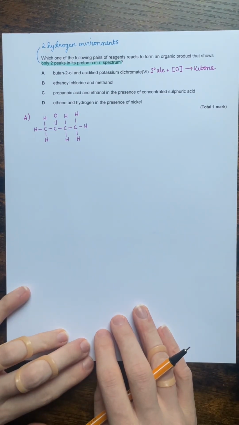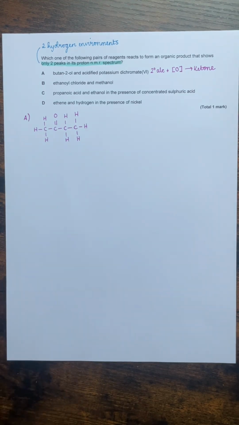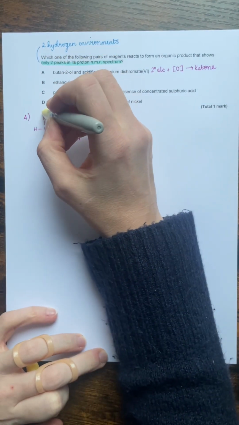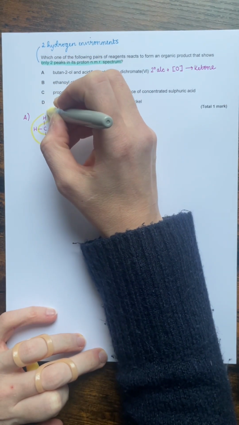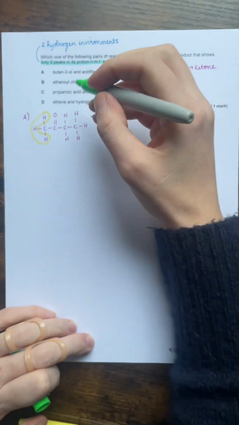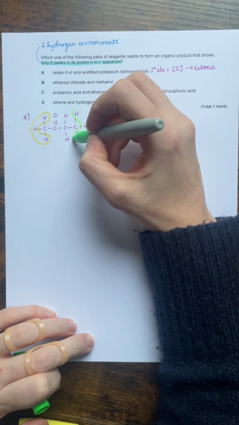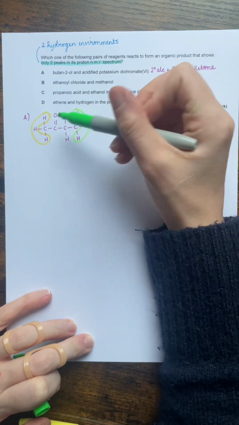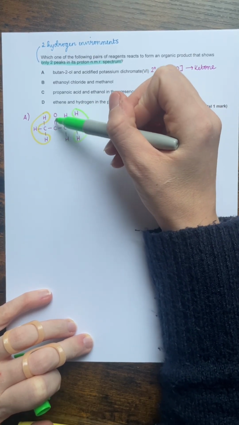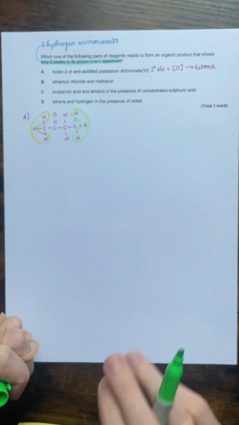So in terms of how many hydrogen environments we have here, we're going to have too many. And I'm just going to grab some different colours so that I can show you where those environments would be. So we would have these 3 hydrogens there. They would be in one environment. They would be in a different environment from the H's on the other end, because although the 4th bond of each of those carbons is to another carbon, one of those carbons has the double bond O and the other has two hydrogens.